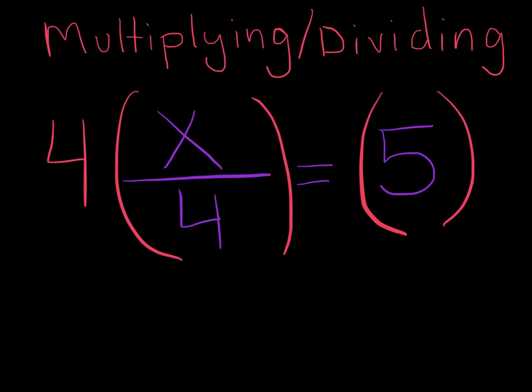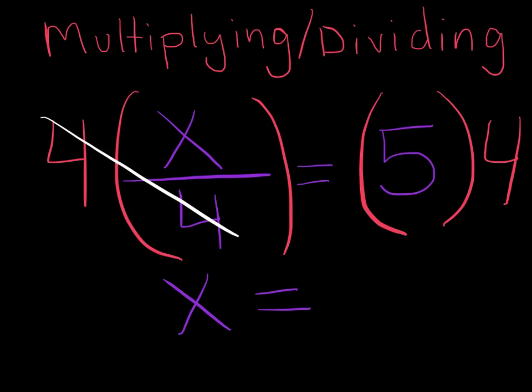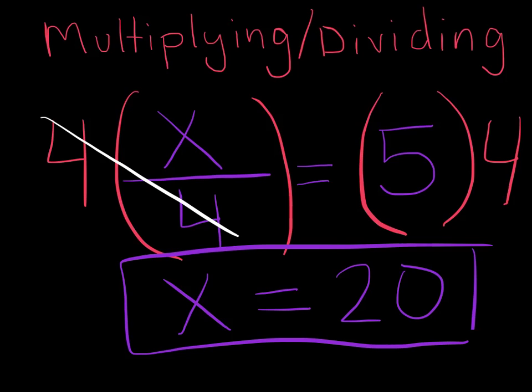And I'm going to multiply both sides by 4. Well, if I multiply and divide by 4, I end up canceling out the 4's. I'm left with x equals 5 times 4, which is 20. If I want to check my answer, I can go back to the original equation, which was x divided by 4 equals 5. Well, I know that 20 divided by 4 equals 5, so my solution is correct.